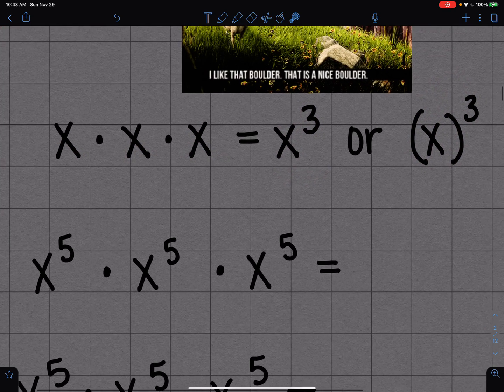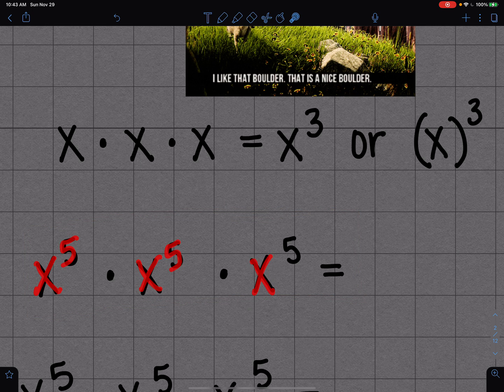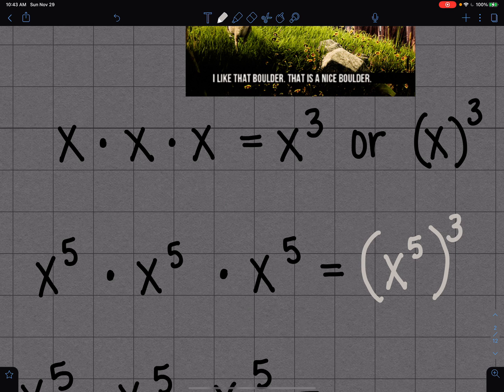Now, what if you have this? Take a look at this one. X to the fifth times x to the fifth times x to the fifth. What can you do with that? Well, can you do this, x to the fifth, but the whole thing cubed?